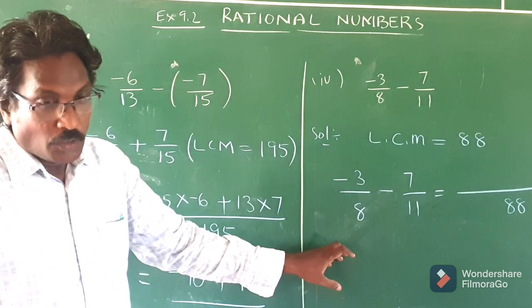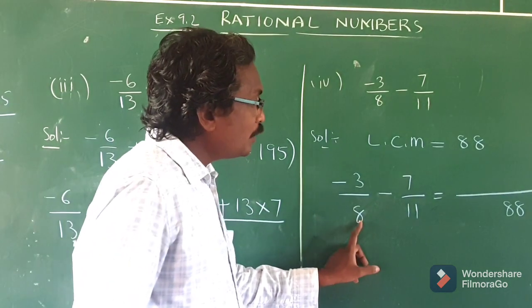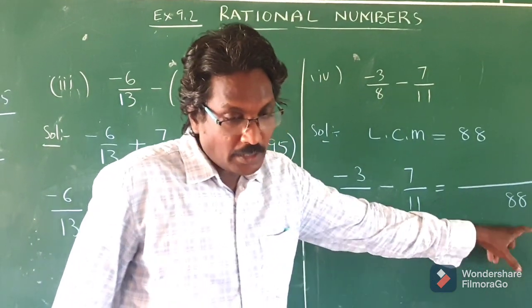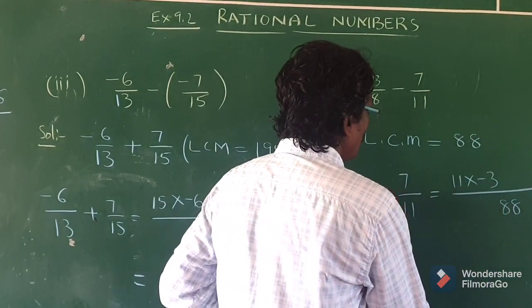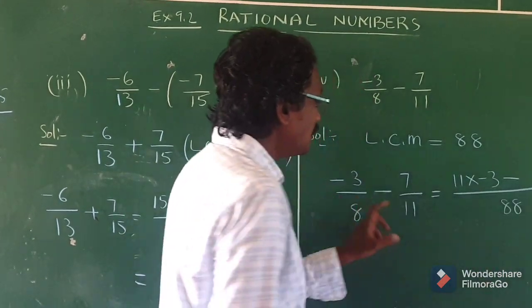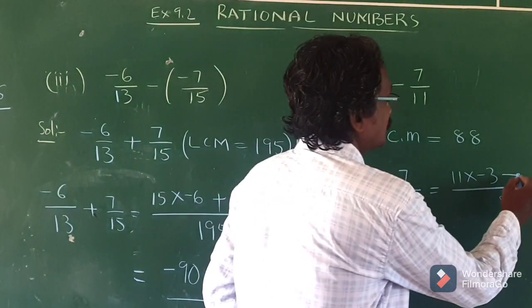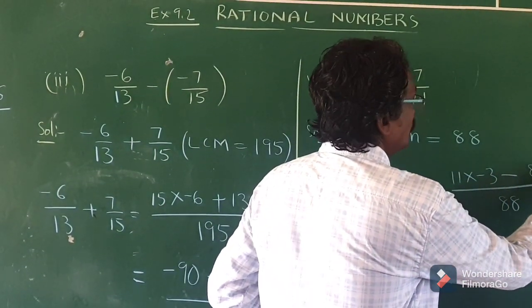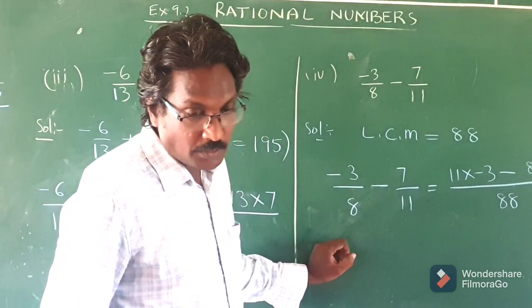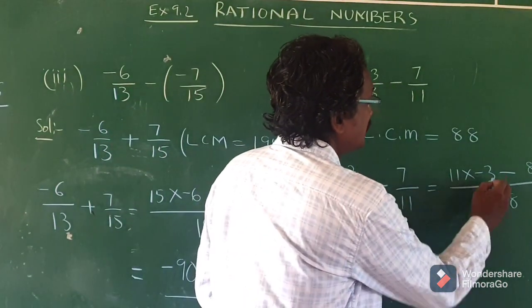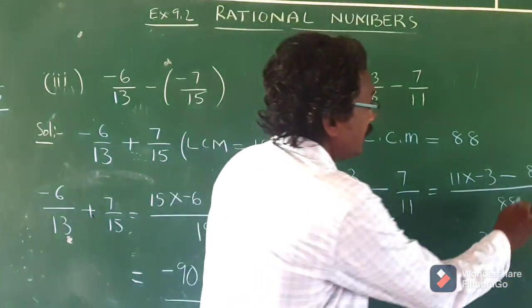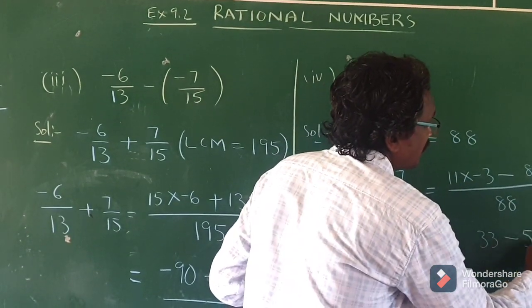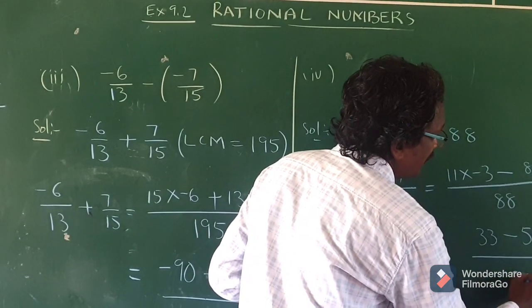Now 8 table in 88, how many times? 11 times. 11 into minus 3. Now here minus, right? 11 table, 8 times, 8 into 7. 11 threes are 33, minus 8 sevens are 56, by 88.